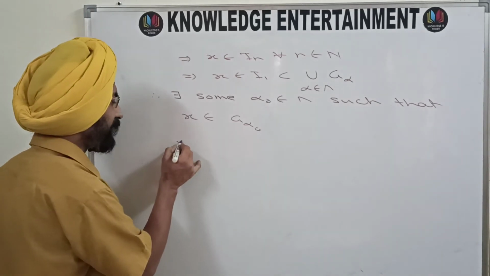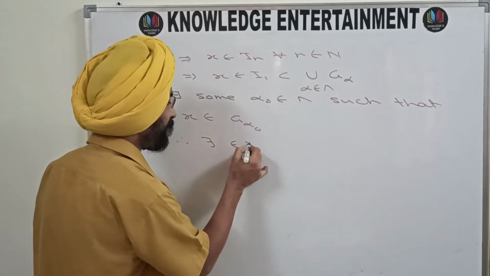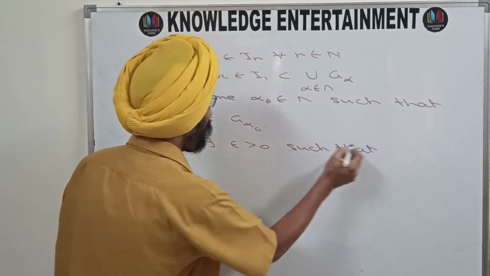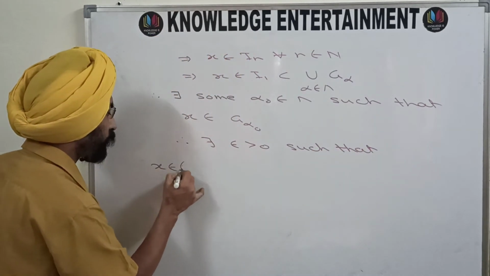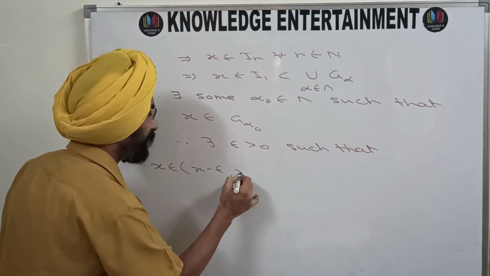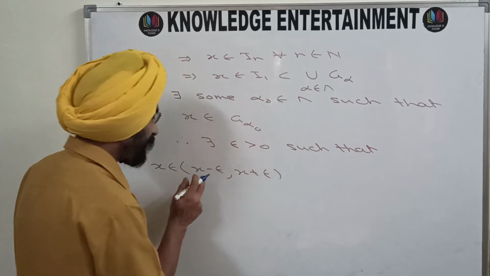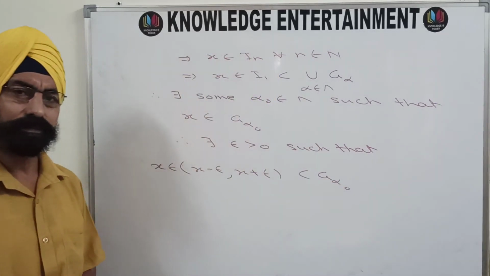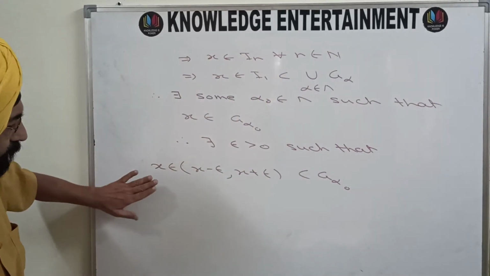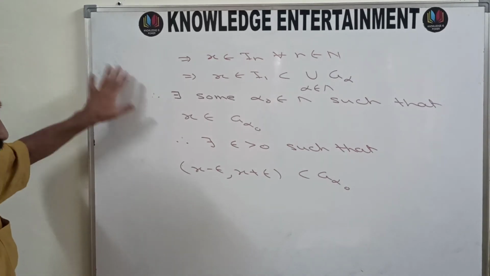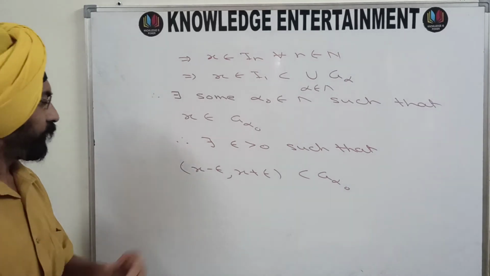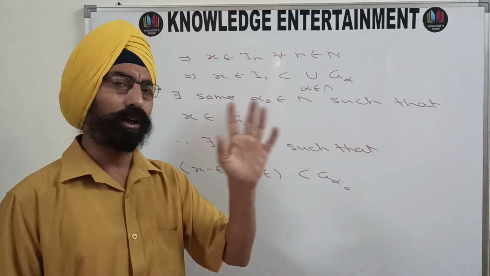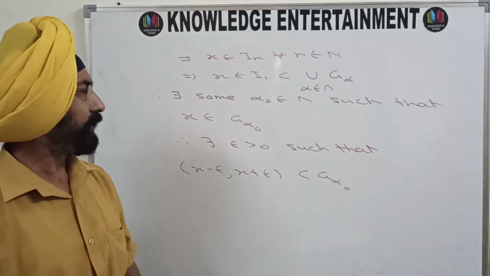So there exists epsilon greater than 0 such that x belongs to the neighborhood (x minus epsilon, x plus epsilon), and this is a subset of G alpha naught.